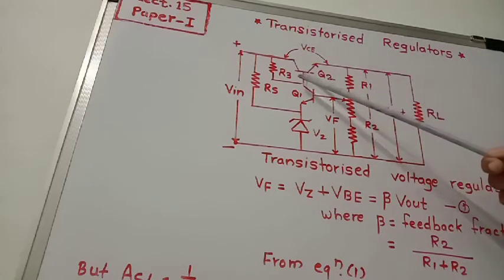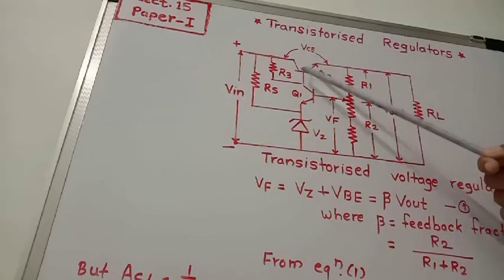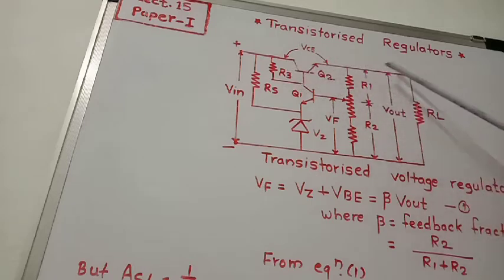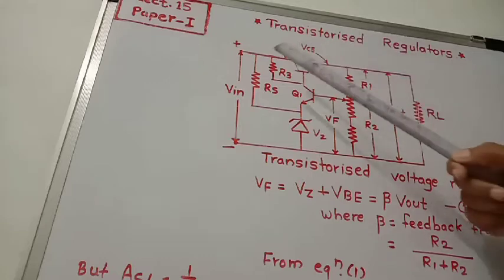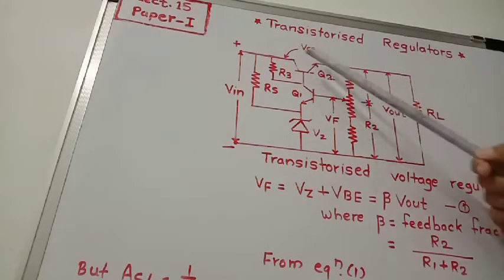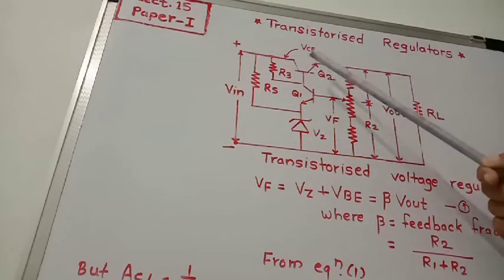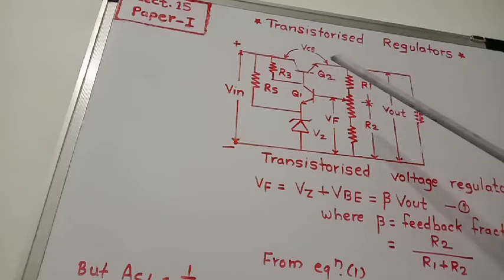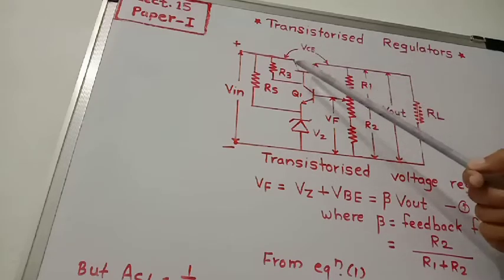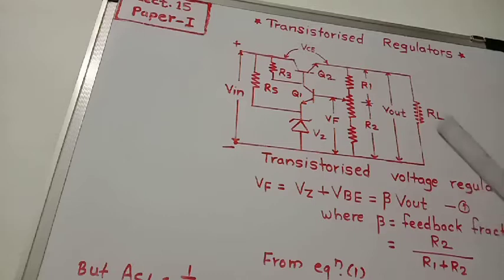It is called a series pass transistor because it is in series with load resistance RL, and all load current passes through this transistor, so it handles a large amount of current.